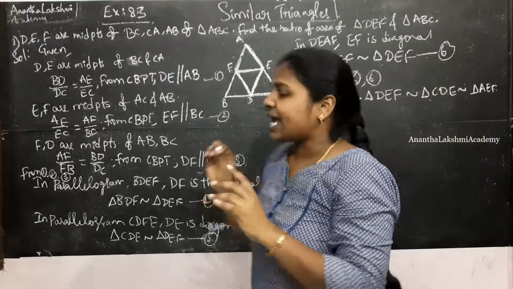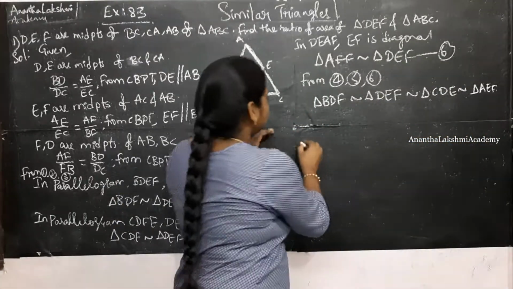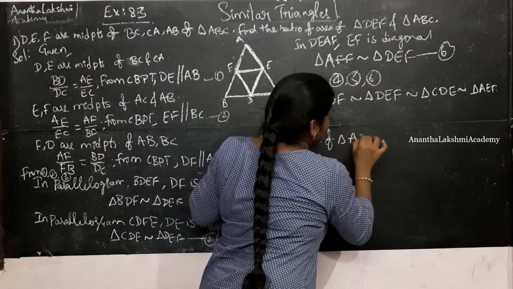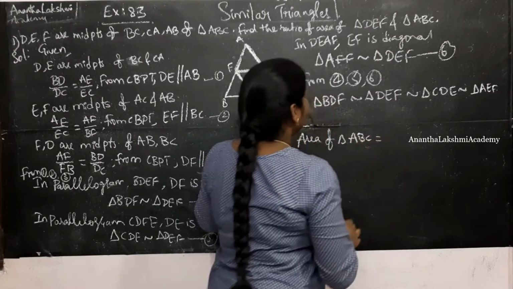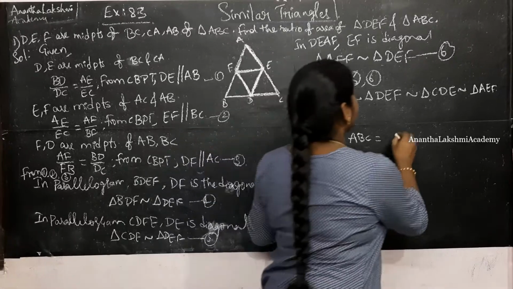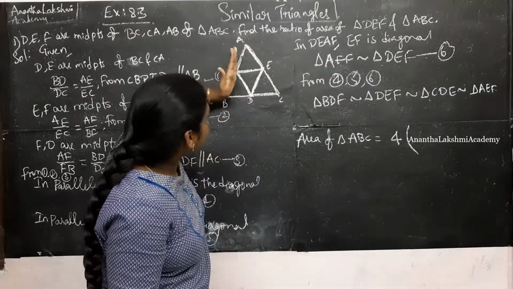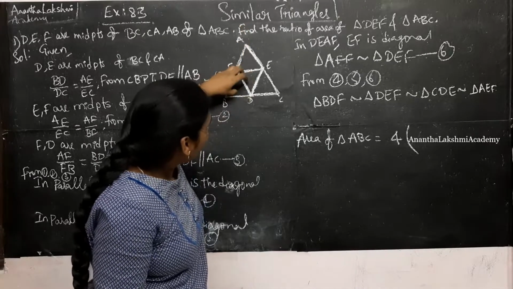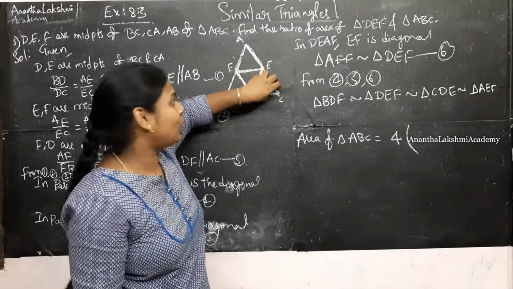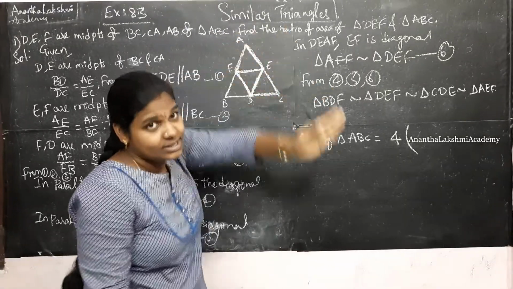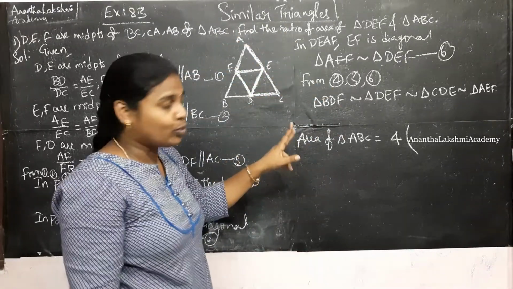Now area of triangle ABC is equal to 4 times, because this triangle is formed with 4 triangles when we have the midpoints and such that they are parallel to one side of a triangle and intersecting the other 2 sides at 2 different points.